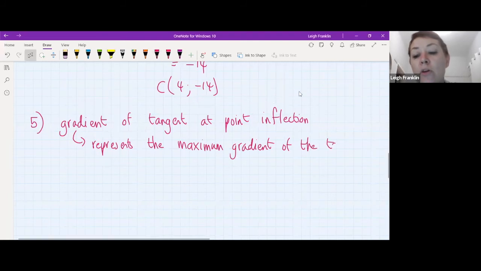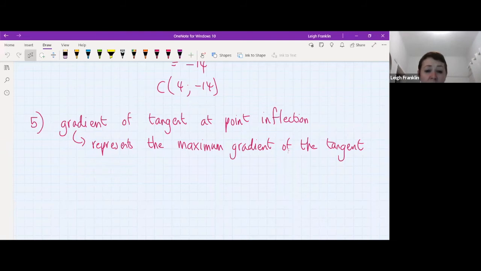This may not be something that you've come across before. But even if you don't 100% understand what it means, you could still calculate it, because you know how to calculate the x coordinate at the point of inflection, and you know how to take that x and sub it into the first derivative.